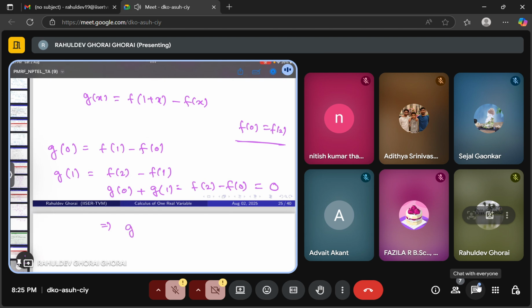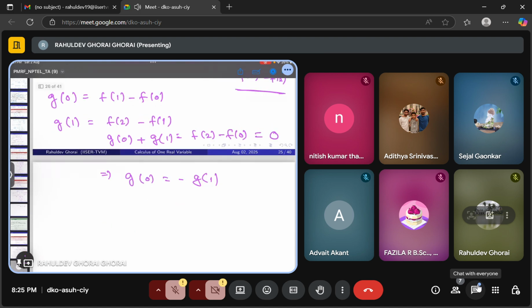So what is the meaning of that? G0 is equal to negative of G1, right? So what is the meaning of that? So if G0 is greater than or equal to 0, then G1 will be less than or equal to 0, right?